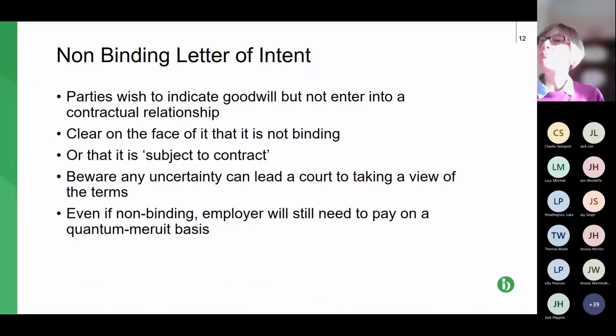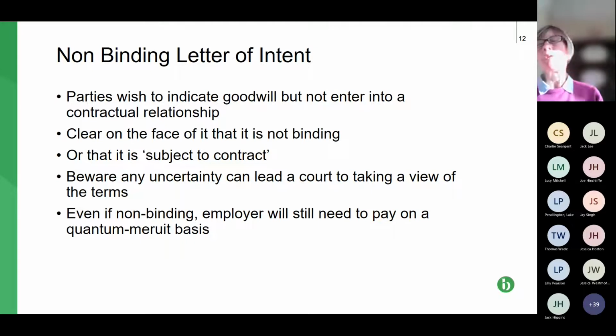Usually it's a pretty short document. Basically it's saying, can you start on site, please? The key points are that it's clear that it's not binding on the parties, or that it's subject to contract.